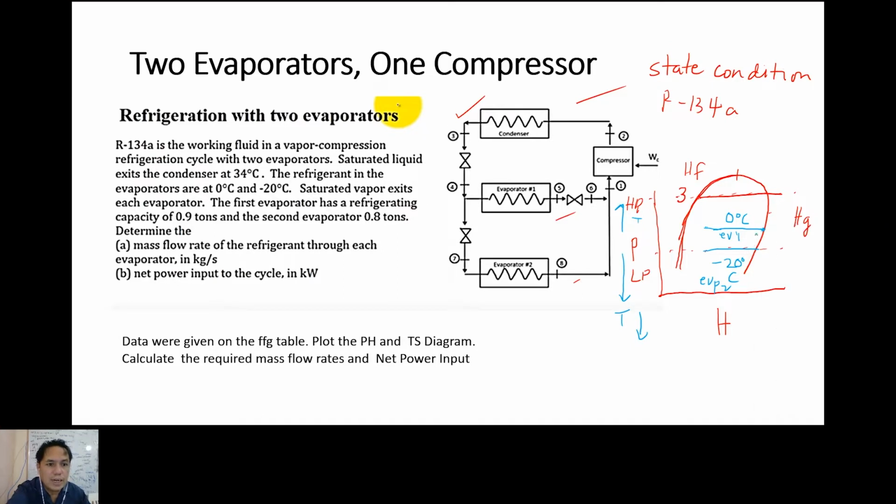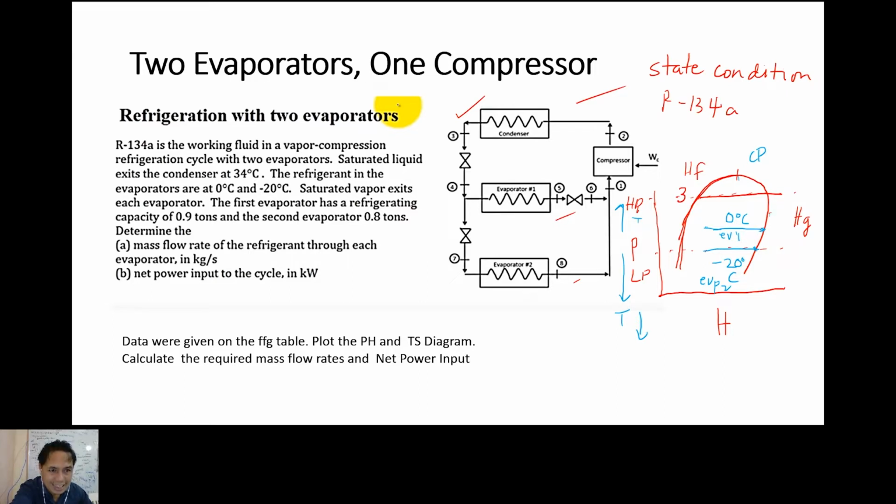So these 2 points are the exit of evaporator 1 and the exit of evaporator 2. How do I know that I have to put a kind of mark here? Because it is given in the problem, saturated vapor exits each evaporator. We already know that this is the critical point in the middle, and this is the vapor line.